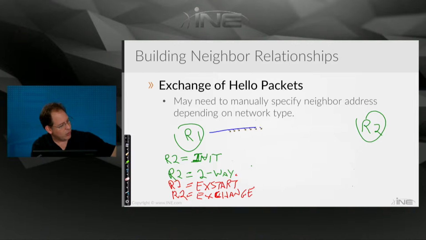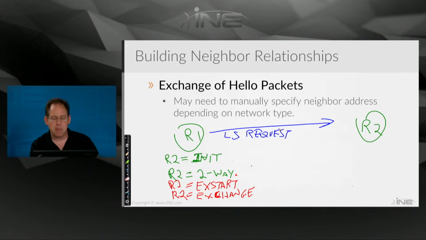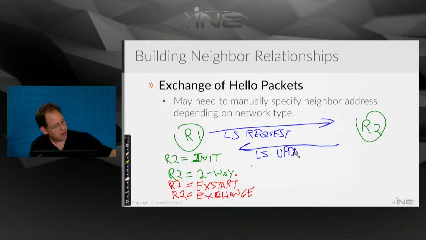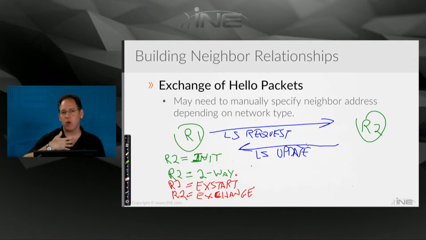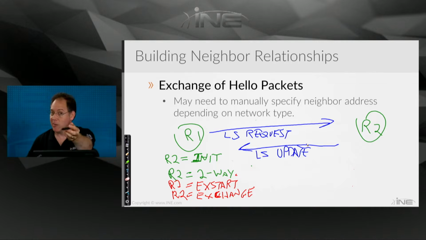And so each router might send each other link state request packets saying, hey, you've got a link state advertisement I don't have, please give it to me. And that will be followed by a link state update packet. So now they're in the process of actually making their databases synchronized: you send me some requests of what you don't have, I send you back some updates. I send you some requests of what I don't have, you send me back some updates.